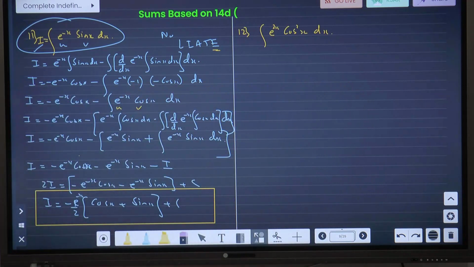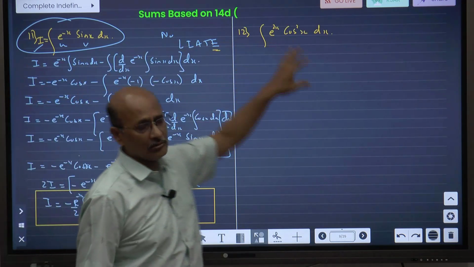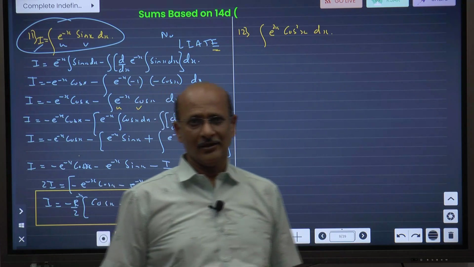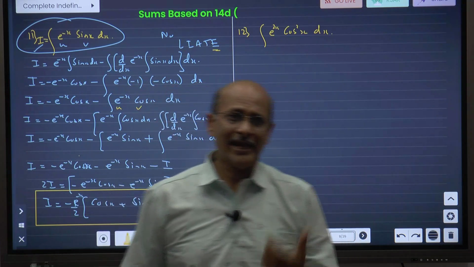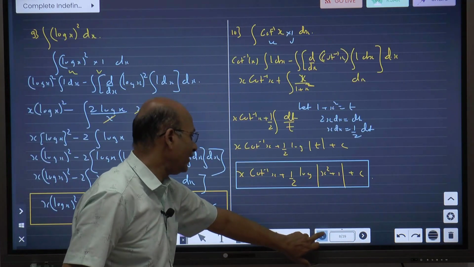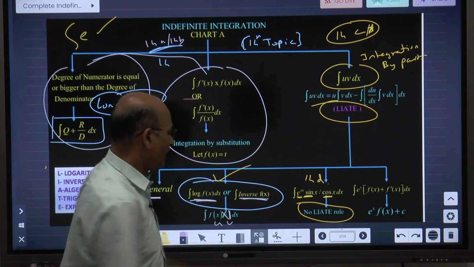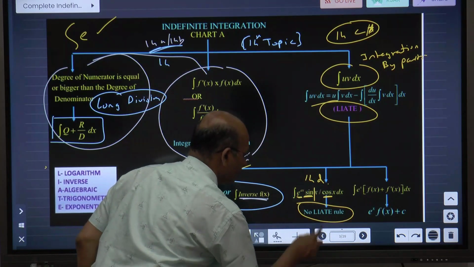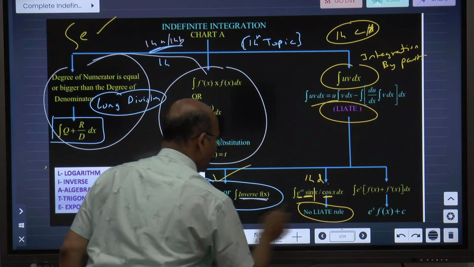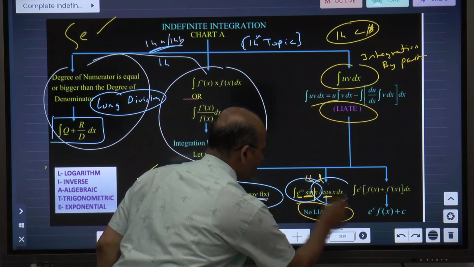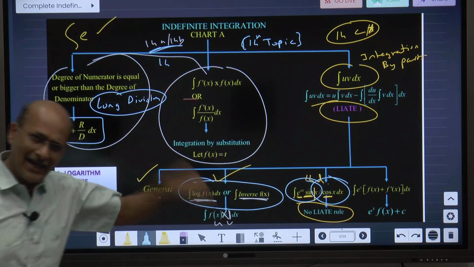Now the next question is, can I apply this technique here? As of now, no. Because what is the technique? The technique said that whenever in the integrand there is e sine or e cos, then I can integrate it.